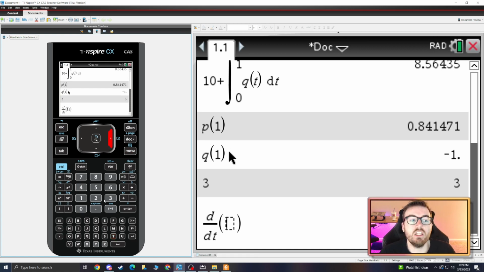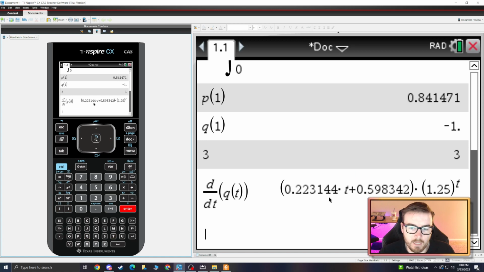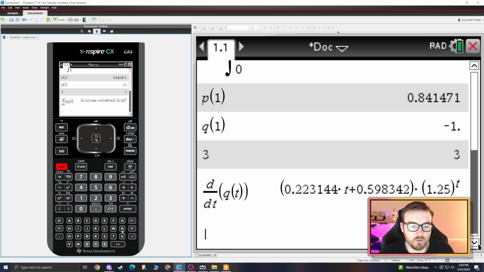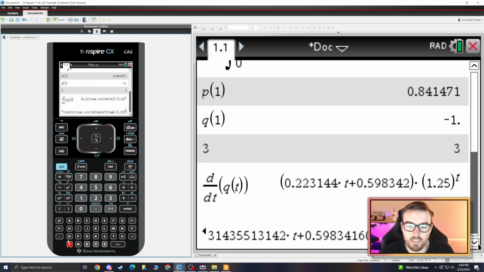What are we deriving? The Q function, because we want to know the velocity of Q. And I made the Q function the velocity of Q. So bada bing, bada boom. There is the acceleration function. I'm going to click up, and I'm going to Control C, copy it, and Control V, paste it.